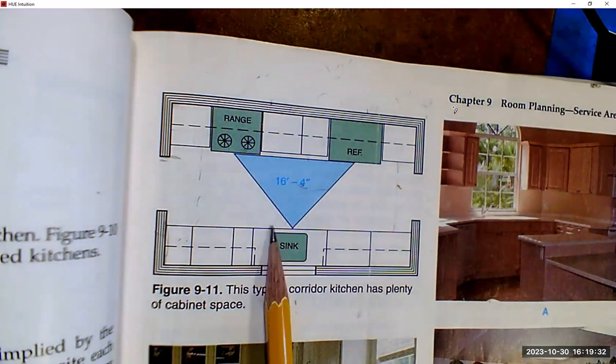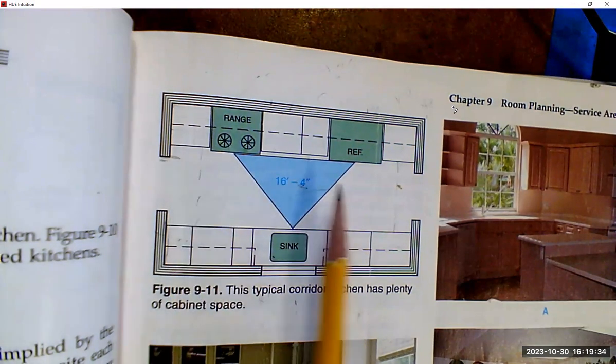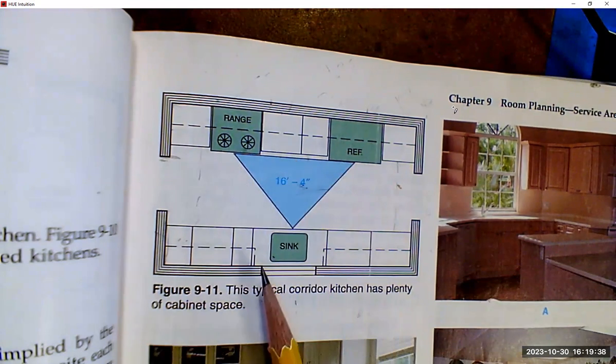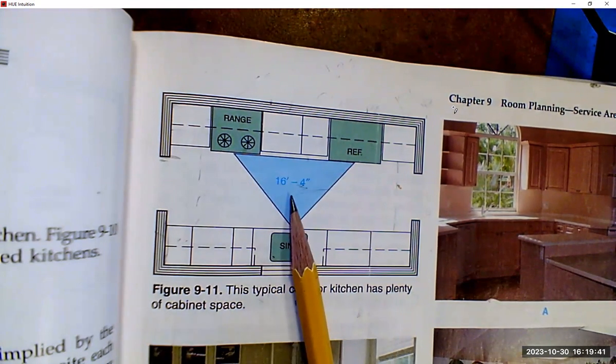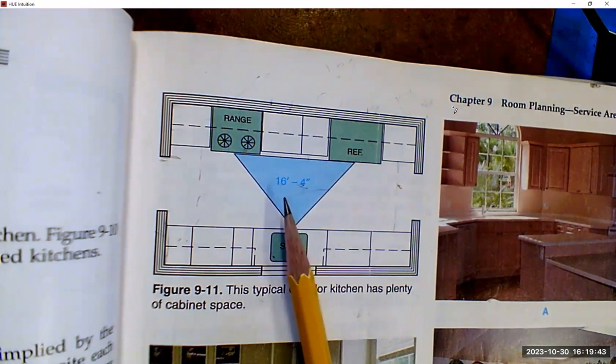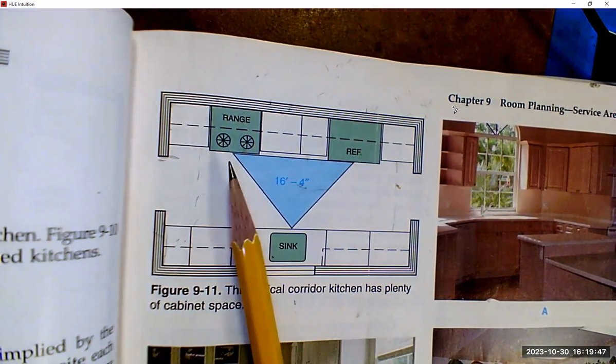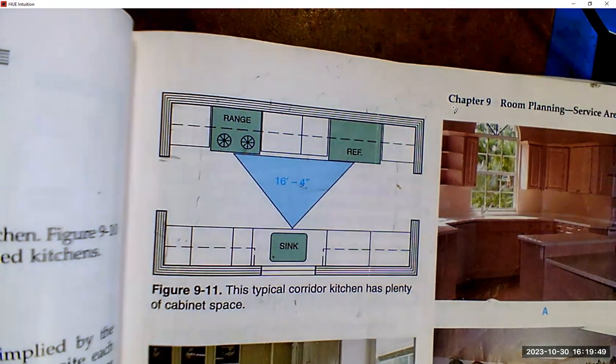As you notice in the book, it doesn't give us any information that we can use as far as sizing goes, except for the work triangle. Well, that's nice knowing the perimeter measurement of the work triangle, but that really doesn't help us with the sizing for helping us draw the kitchen.